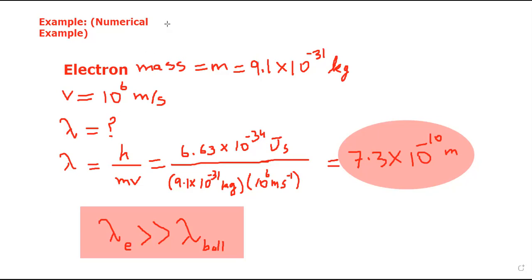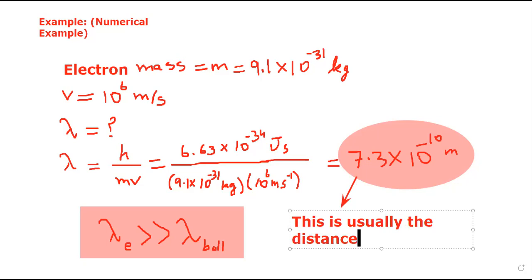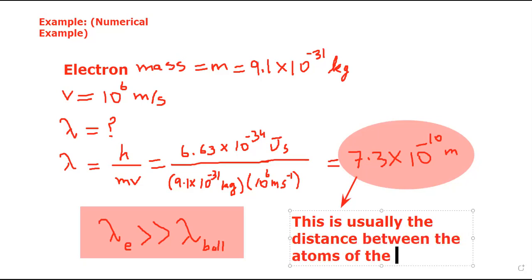And actually, this wavelength, this 7.3, is usually the average distance between the atoms in a crystal. This is another amazing fact. This is usually the distance between the atoms of the crystals.